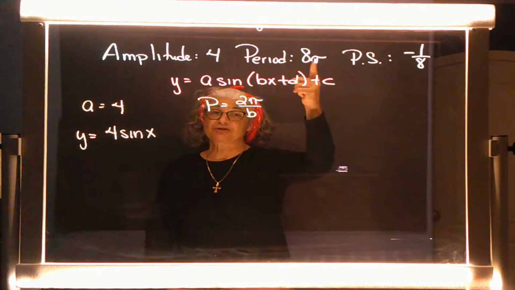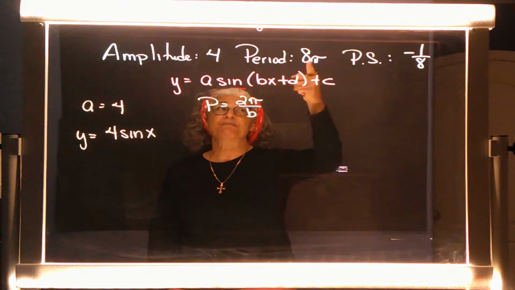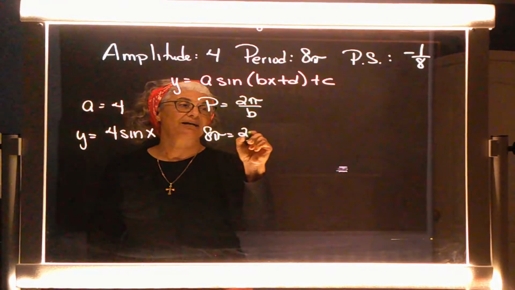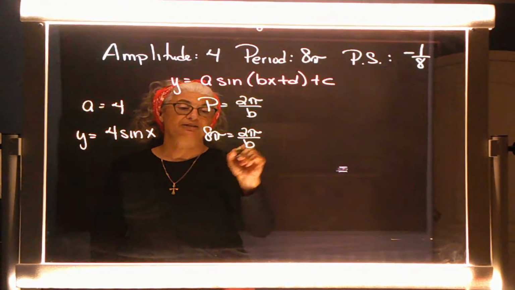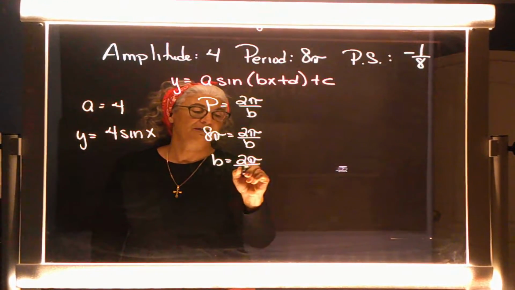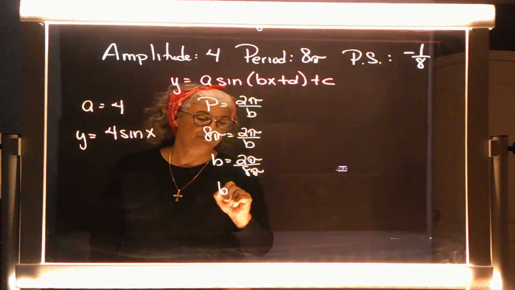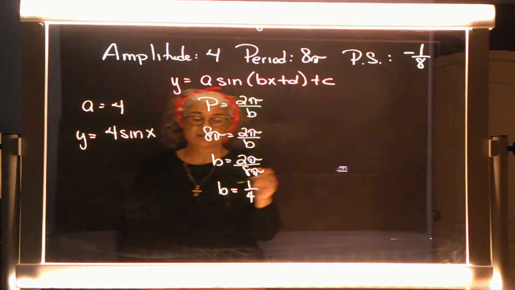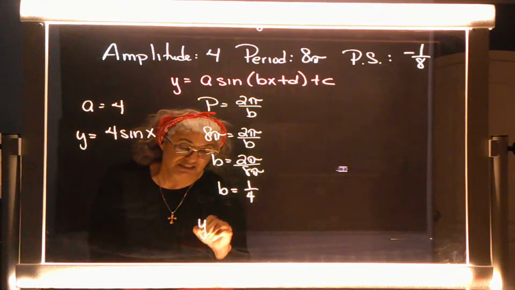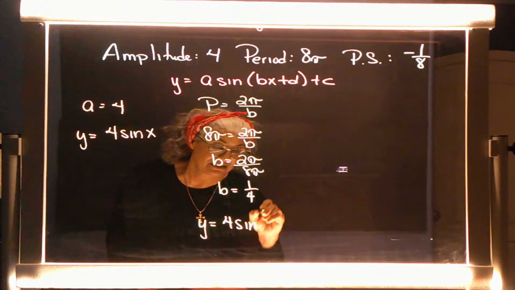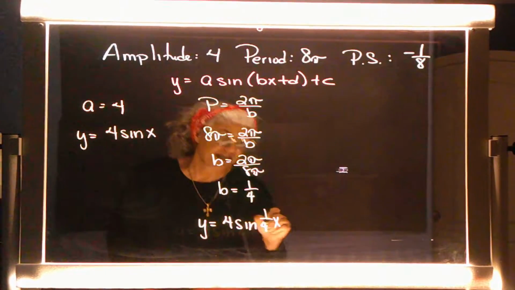They gave me the actual period, didn't they? They didn't give me the b, they gave me the actual period. So when I plug it in, I'm able to find the b, am I not? So you do your algebra, I'll do my algebra, and I come up with b equaling 1/4, which means my sine function is now evolving. So it looks like 4 sine of 1/4 x.